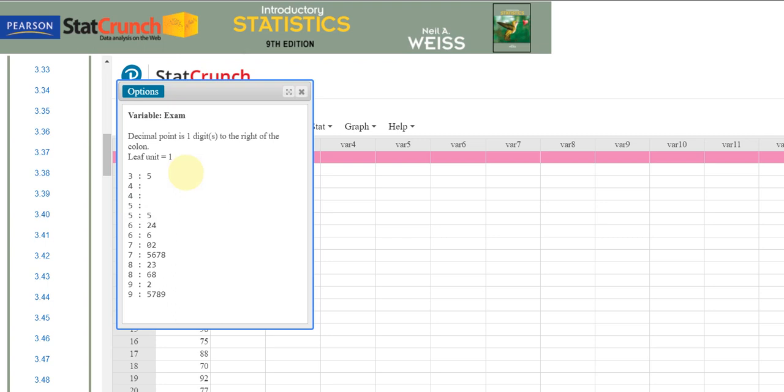Again, it suggests that this data is somewhat skewed to the left. Remember, a stem and leaf is kind of like a histogram on its side, right? So there you have it. Sorry, that doesn't look that impressive, does it? Okay, so let me erase this one and redraw it.